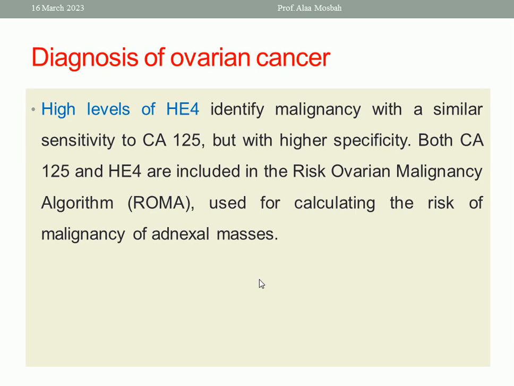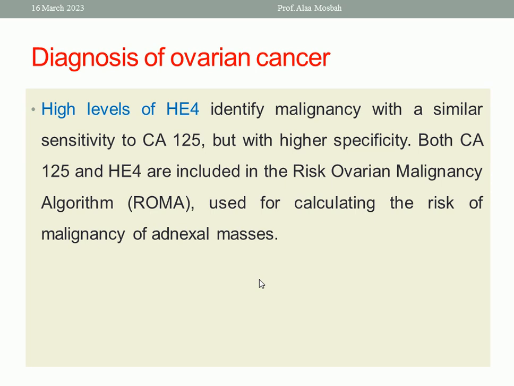If we found the score in premenopause 1.4 or higher, is considered high risk, while in postmenopause 2.99 or higher is a high risk. Okay, this is as regard to the score of ROMA.